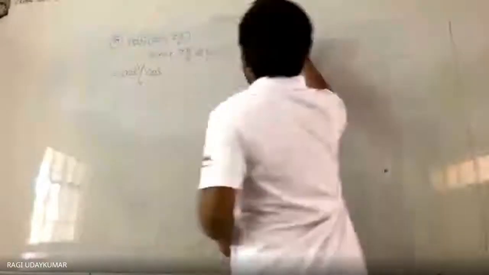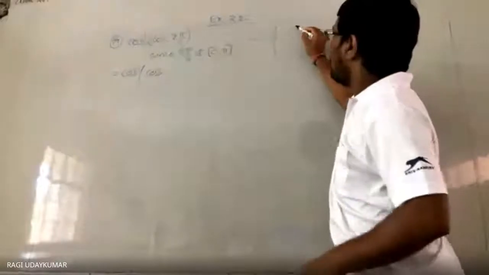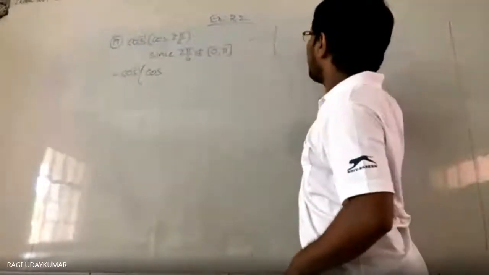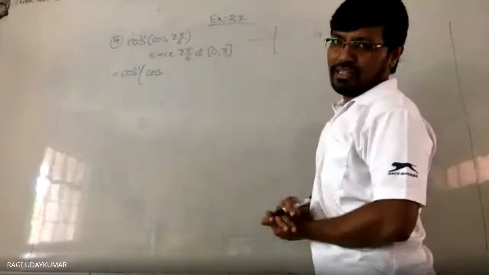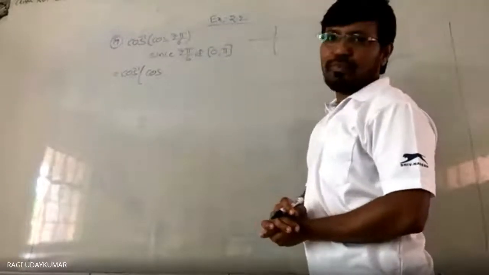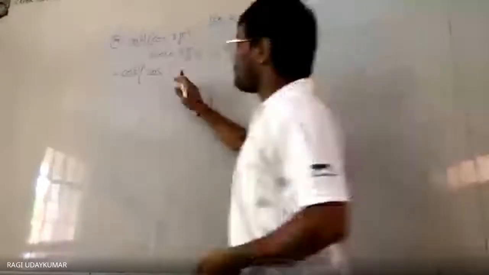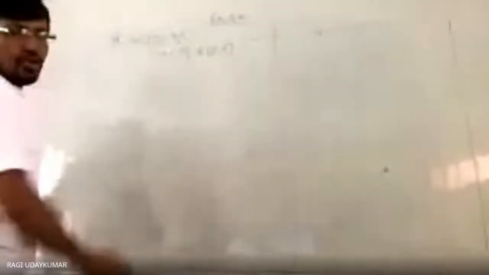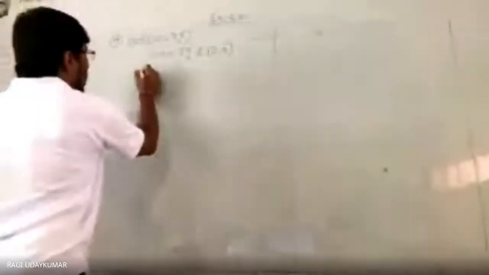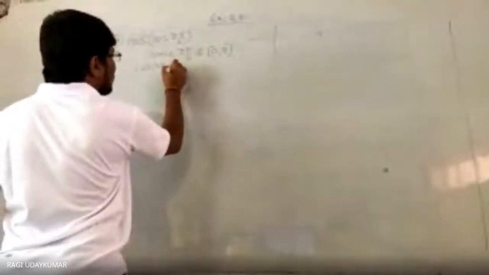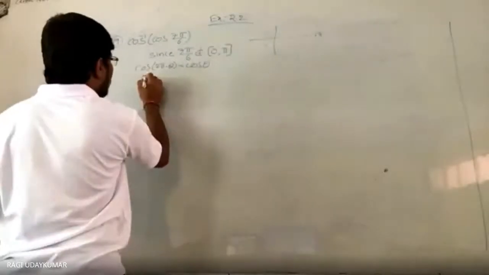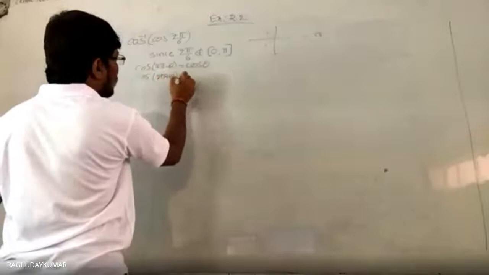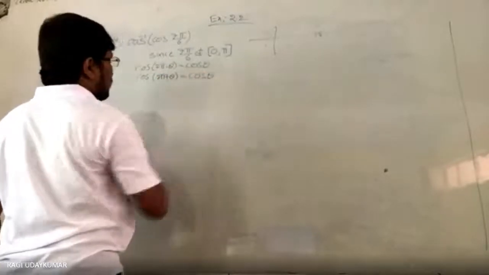Cos theta: cos will be positive in what cases? In the all-silver-tea-cups rule, cos is positive in both quadrants, so either 2 pi minus theta or 2 pi plus theta. Use the identity: cos of 2 pi minus theta is equal to plus cos theta, and cos of 2 pi plus theta is also plus cos theta.